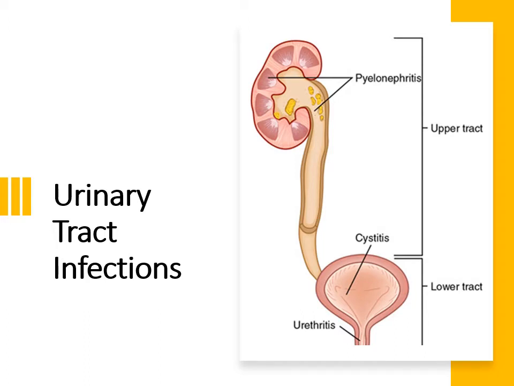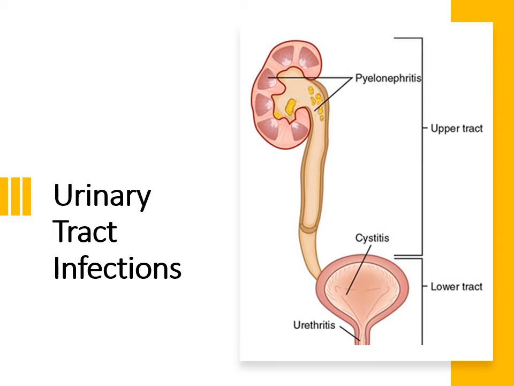Urethritis typically gives you discharge, so urethral discharge in a male, staining of the underwear, painful urination, so it can kind of sound like a bladder infection at the beginning. And so if it's urethritis or cystitis, it's a lower tract infection, typically less serious.